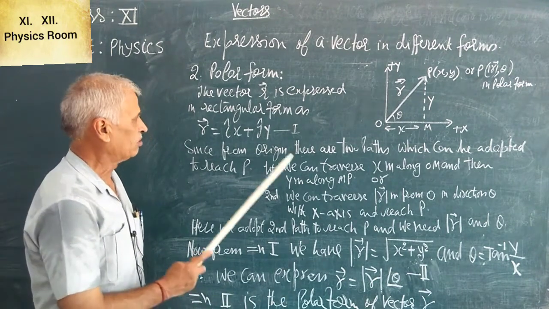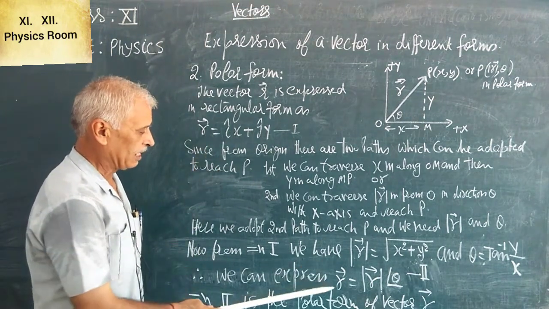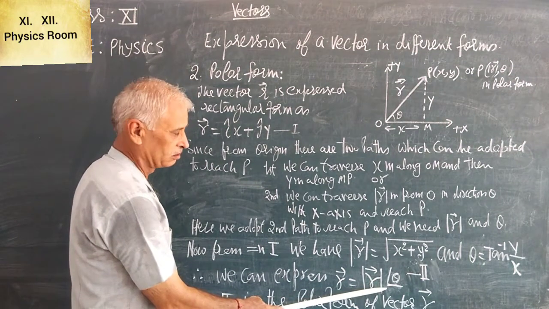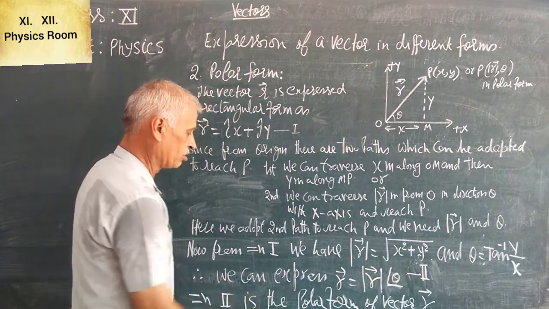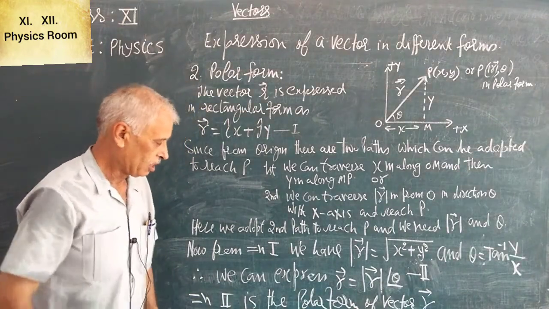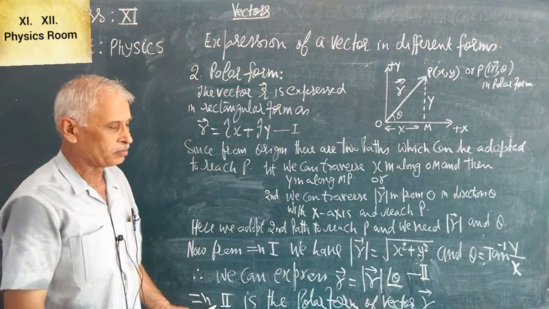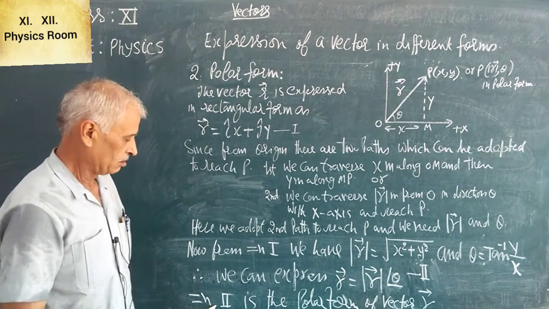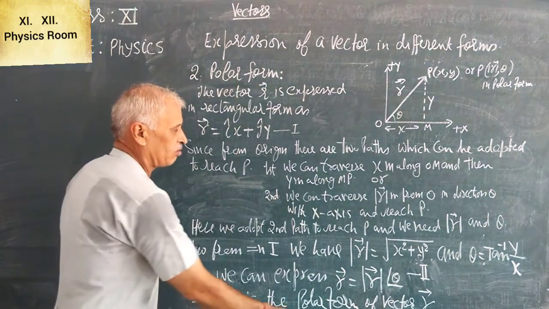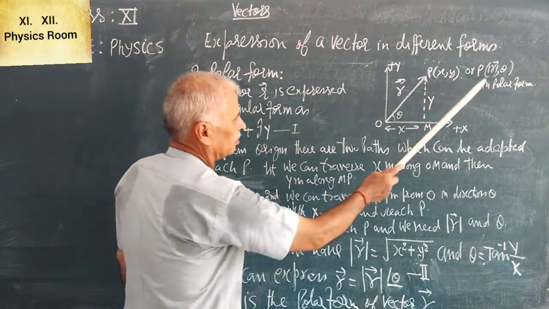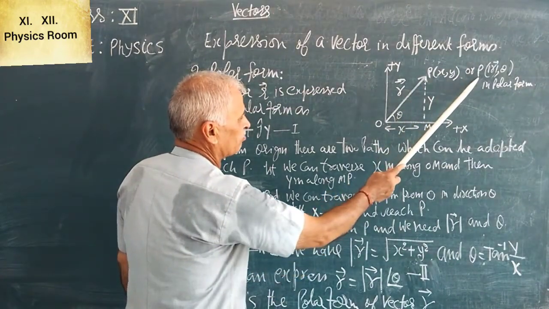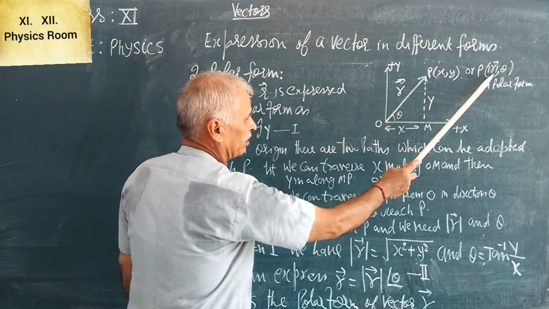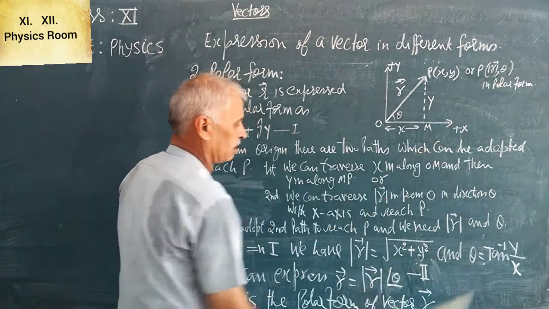Therefore, we can express vector r as mod r, angle theta. Let us mark it as equation 2. Equation 2 is the polar form of vector r, and this point P in polar form can also be expressed as P within brackets mod r comma theta.